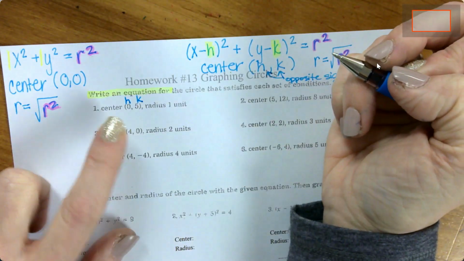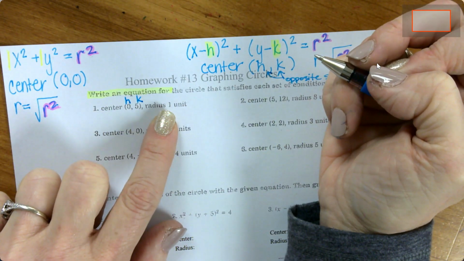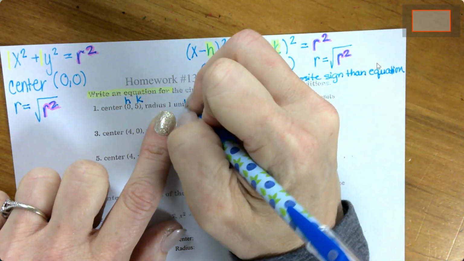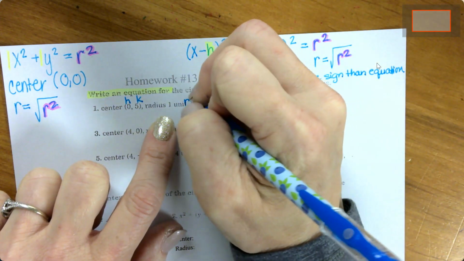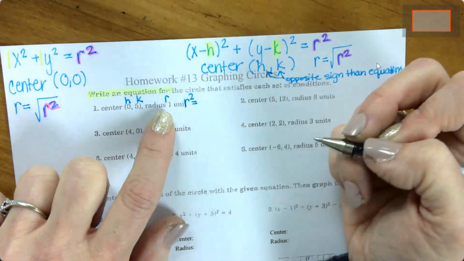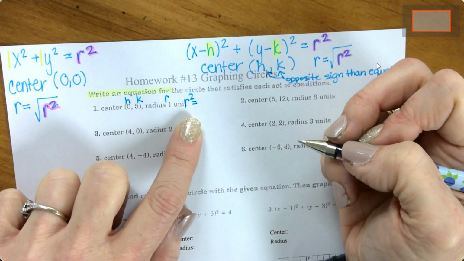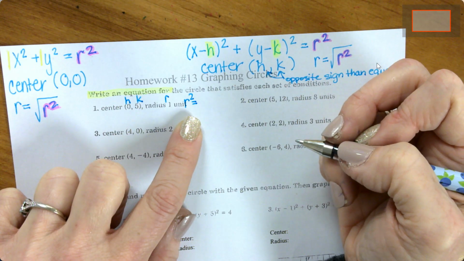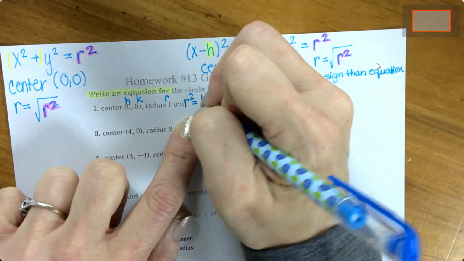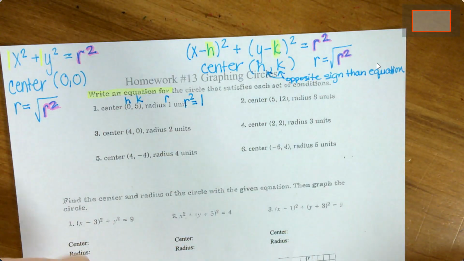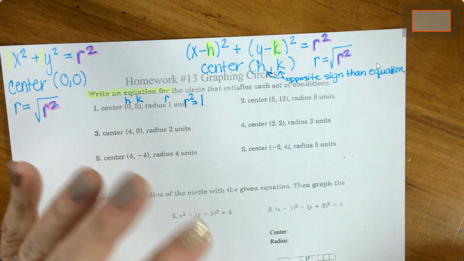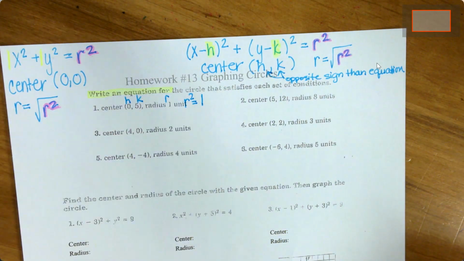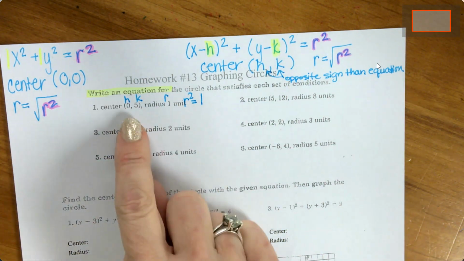So we have h and k. Do you see the 0 and the 5? So when h is a 0, remember up here, when h is a 0, we just write down the x squared or the y squared, whichever one we're working with. And then you need a plus sign. There's always a plus sign right here. And then we have a k. The k is a 5, so I'm going to do y minus 5. Remember we said we had to subtract the k?